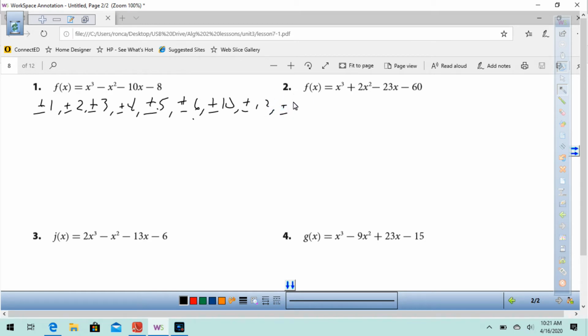Plus or minus 15. 4 times 15 is 60. Plus or minus 20. 3 times 20 is 60. And plus or minus 30.